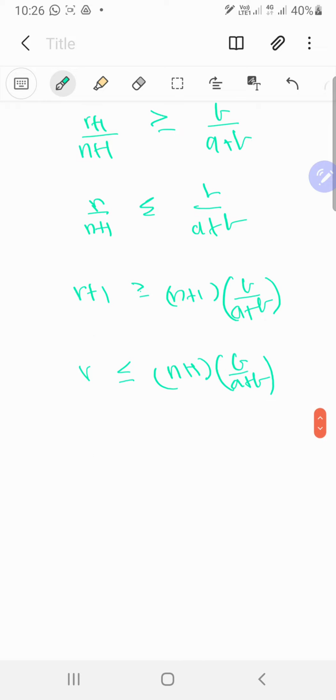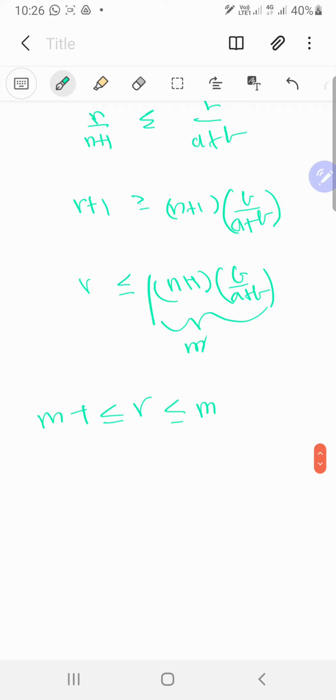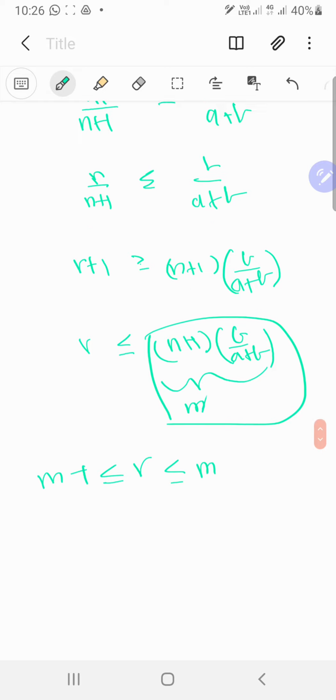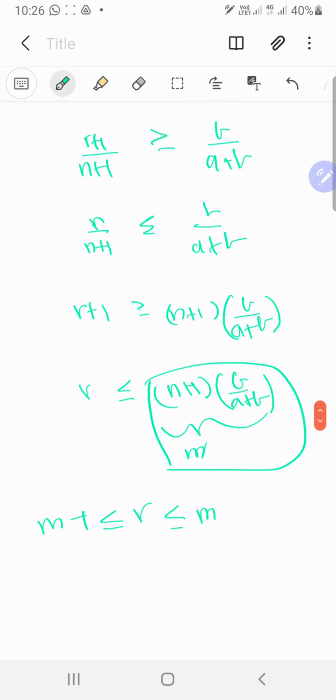I'm just going to call this thing m. So we will get the following: r is less than or equal to m, but at the same time r is bigger than or equal to m-1, where m is (n+1) times b upon (a+b), where a and b are actually magnitudes, but never mind that.